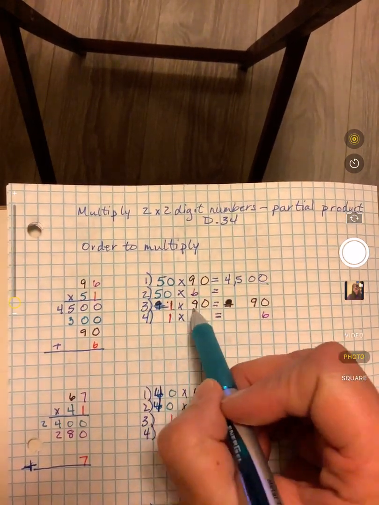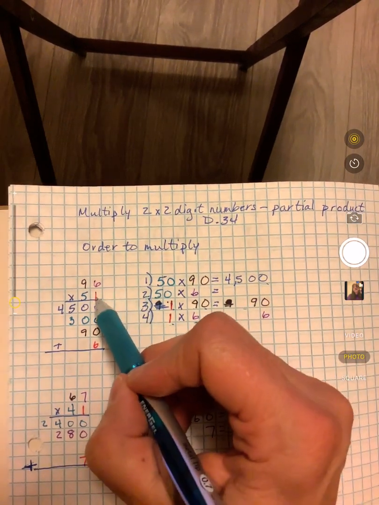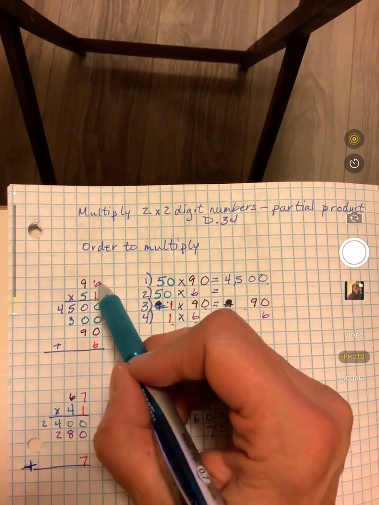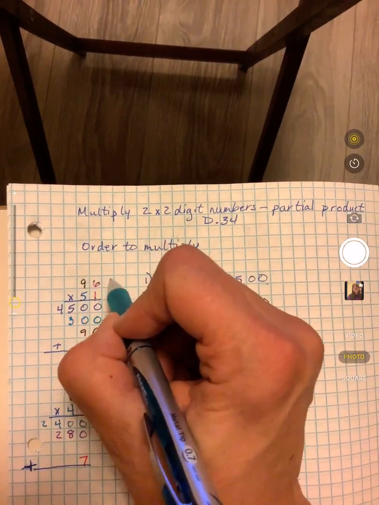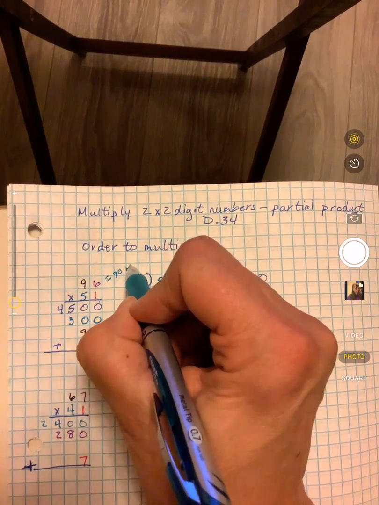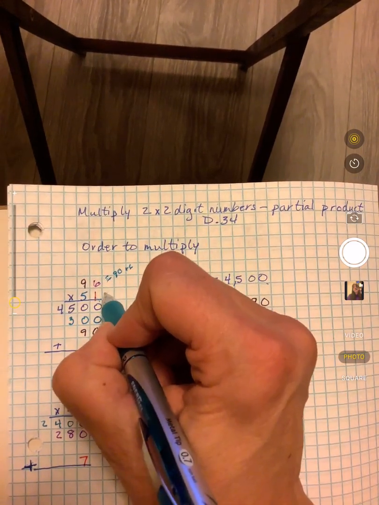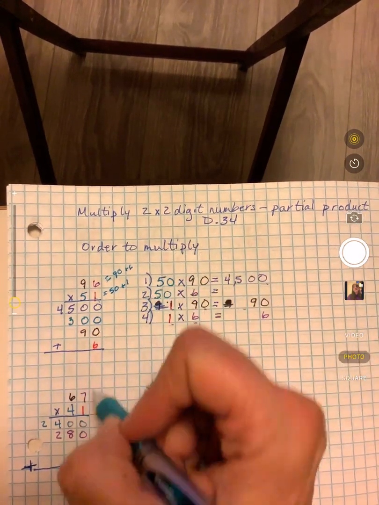They did the 1 times 90 is 90, and the 1 times 6. Because remember, this is really 90 plus 6, and this is really 50 plus 1.